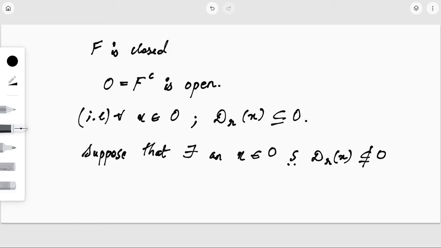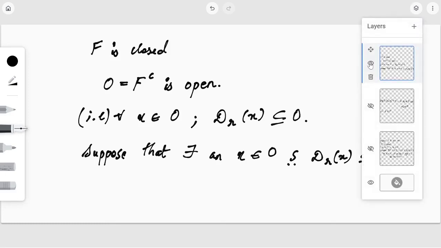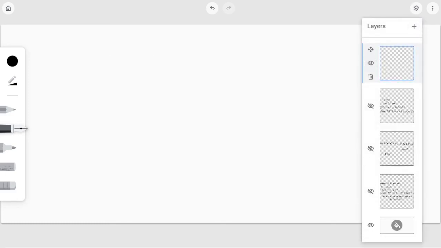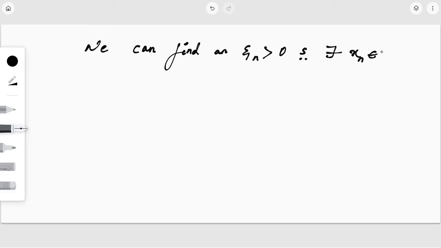Then we can always find an epsilon n greater than 0 such that there exists an xn belongs to f.